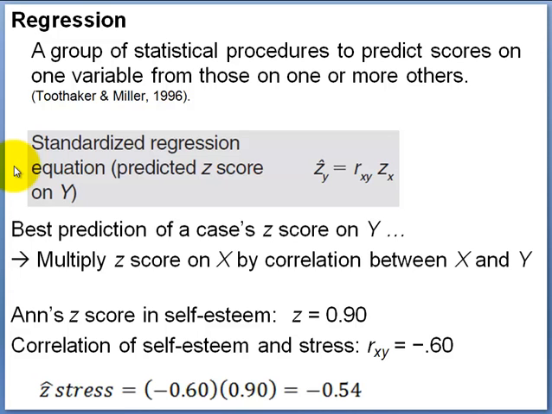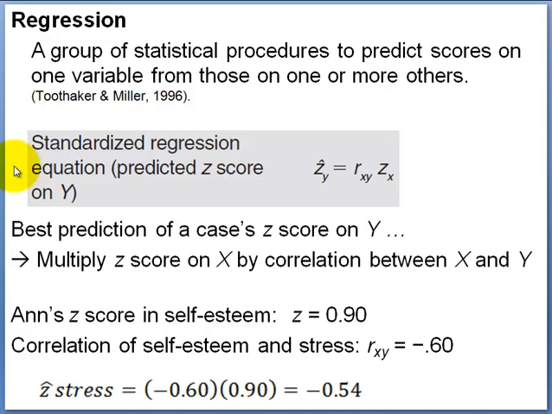And I'll just mention that as we discuss regression here, we're presuming that both variables, the independent and the dependent variable, are numeric. And the regression prediction is prediction according to a straight line. So actually we're dealing with linear regression here.